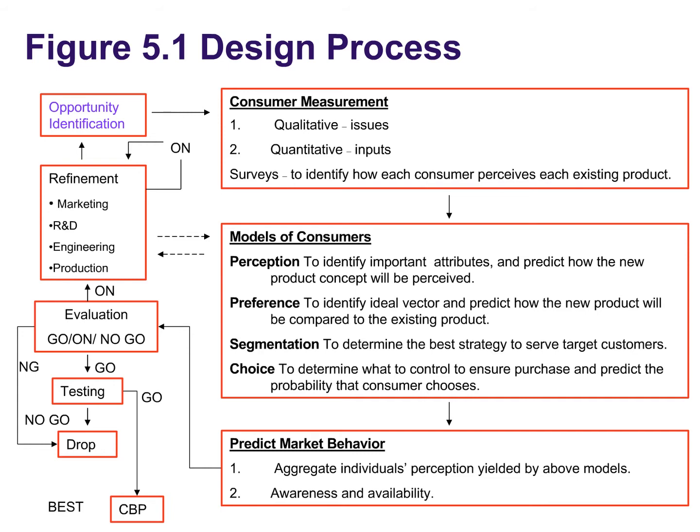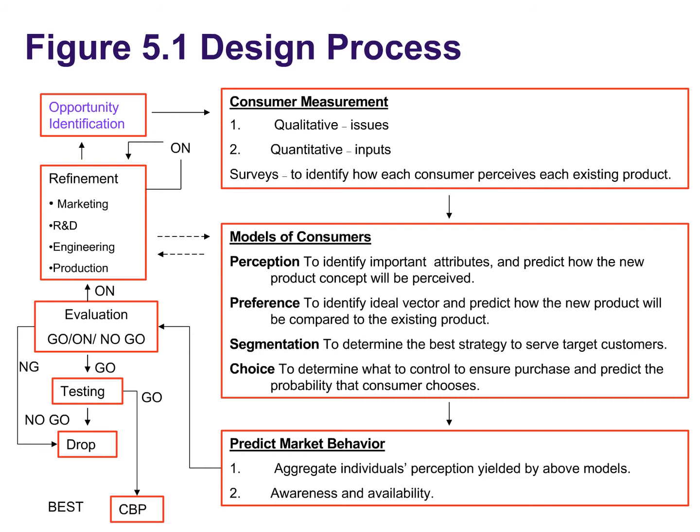We just drop it. For those that pass the test, we will further define the core benefit proposition and choose the best one, the CBP. Then we introduce the product into the market. So this actually covers not only the design stage, but also testing and later stages.